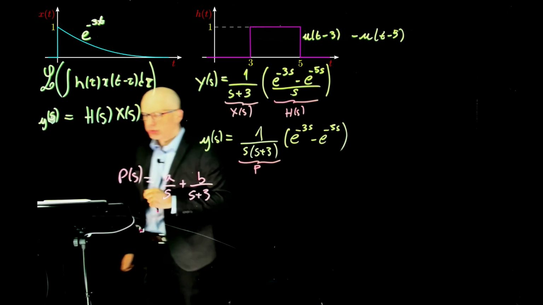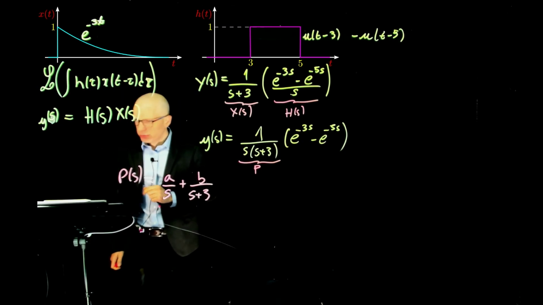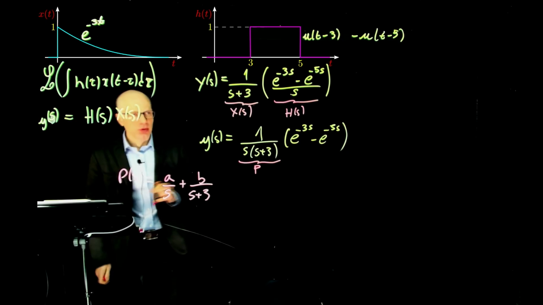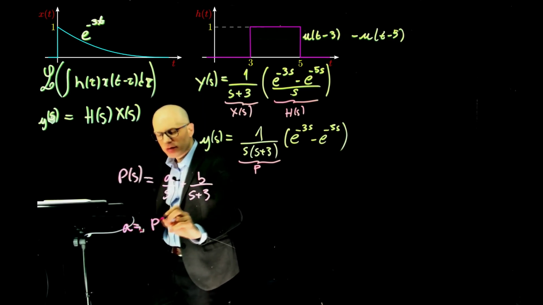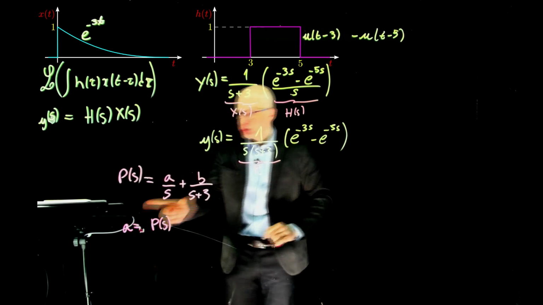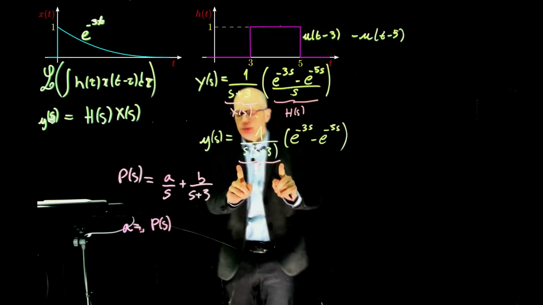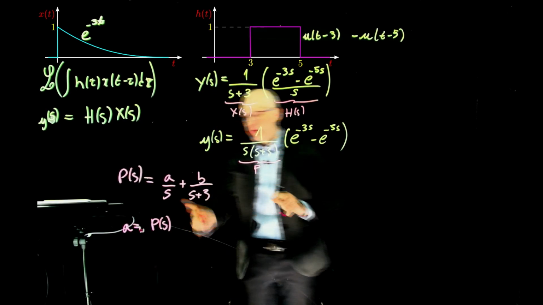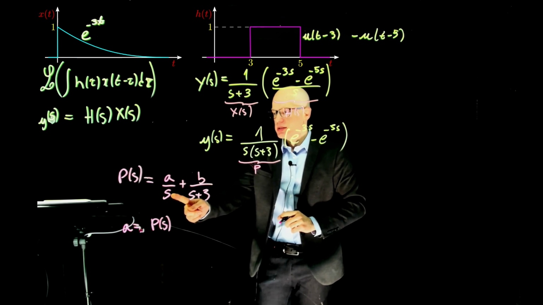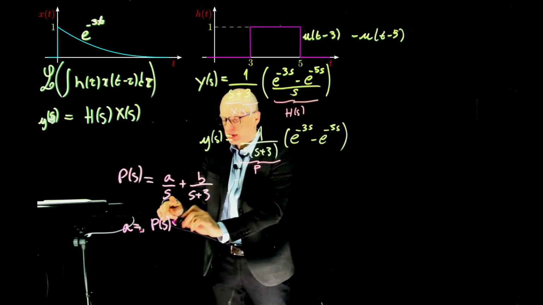Should I go through the steps to calculate A and B, or are we okay with that? Could you go over the steps? All right. So how do I find A? A is p of s, which is this function, times whatever divides A, which is s, so times s.